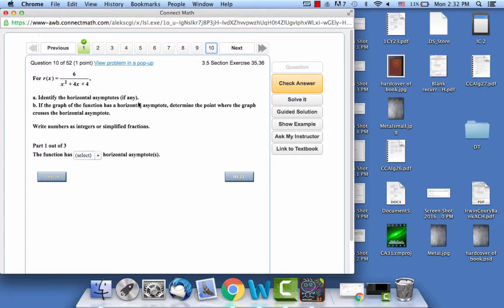Okay, so this one we want to find the horizontal asymptotes. So you can go through and divide everything by x squared if you want, or you can look at this and say the degree is bigger on bottom so that it has a horizontal asymptote at 0. It has one horizontal asymptote.